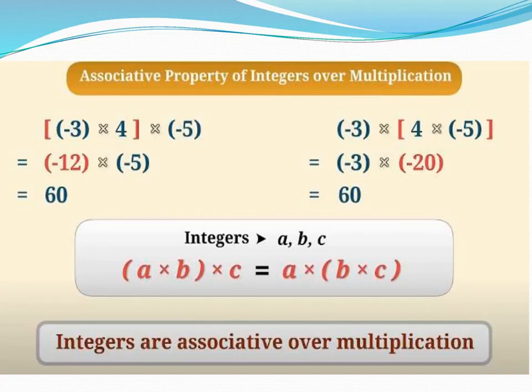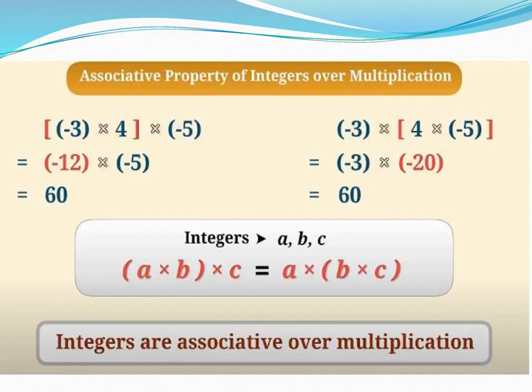Then we change the order. First we multiply 4 into -5. Both integers have opposite signs, so the resulting product is negative, and we get -20. Then the resulting product is multiplied by the first integer. What is the first integer here? -3.